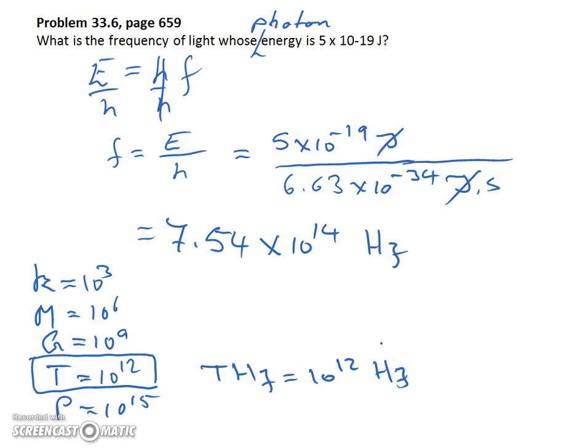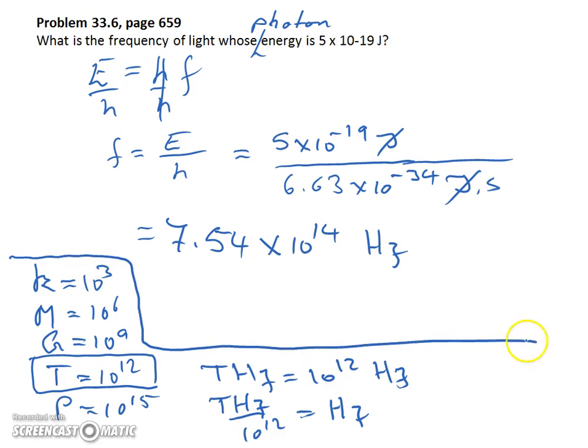And if we divide both sides by 10 to the 12, we see that terahertz divided by 10 to the 12 is equal to hertz. So I can make an algebraic substitution.